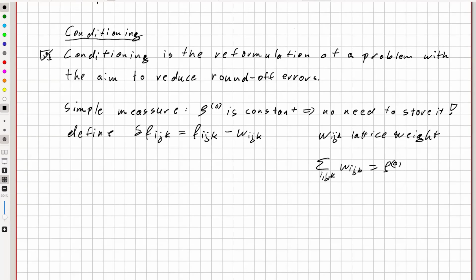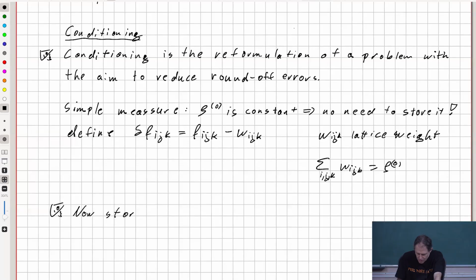Now if you store, instead of F, you store delta Fijk.